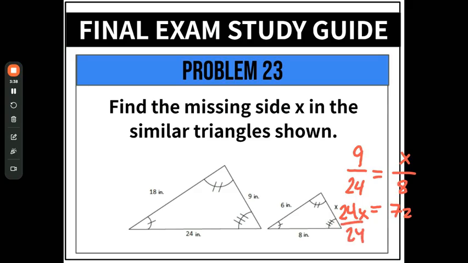I can divide by 24 on both sides. X, when I divide 72 by 24, it gives me 3. This cancels. So the missing side is 3 inches.